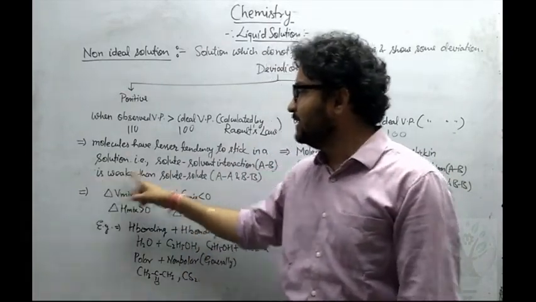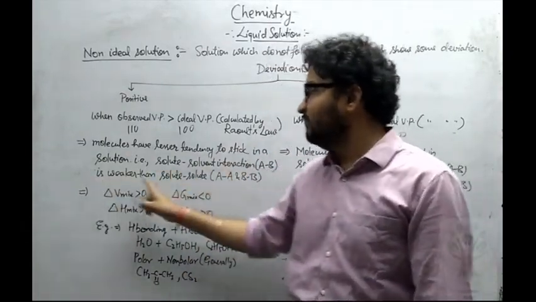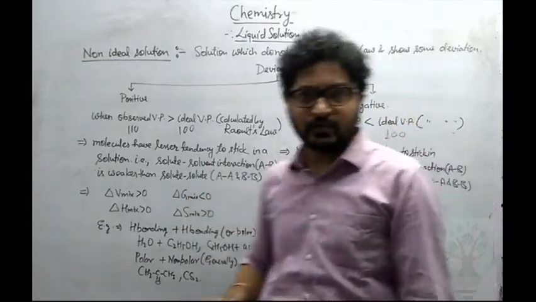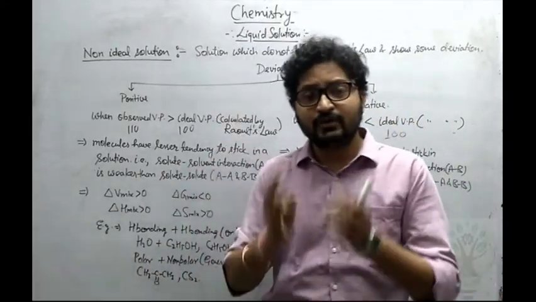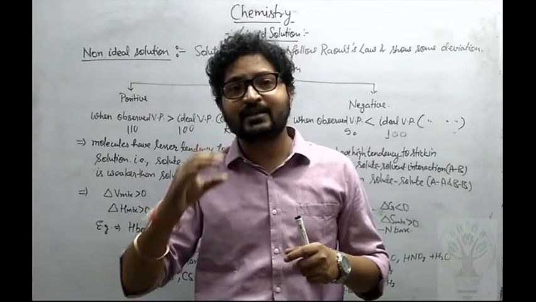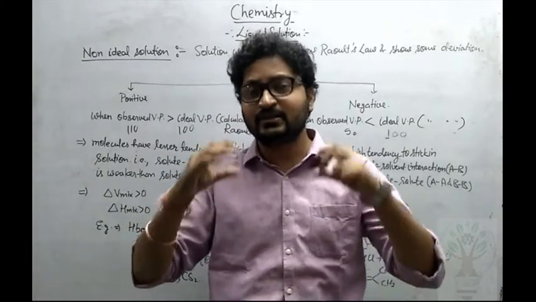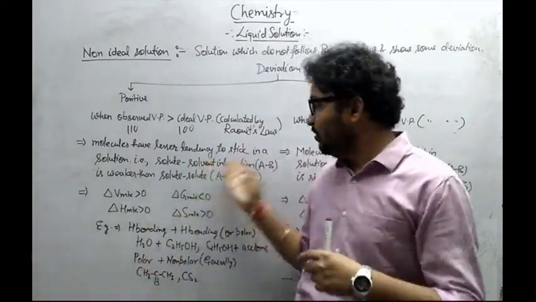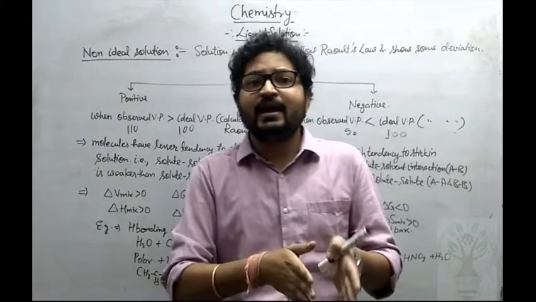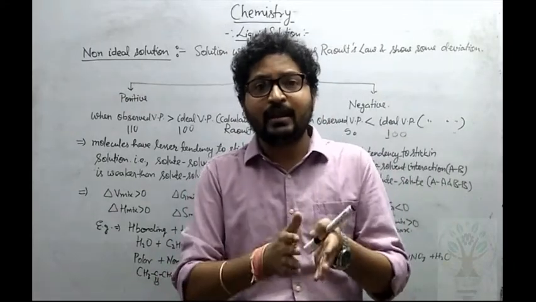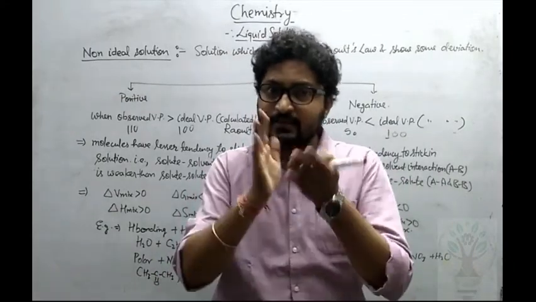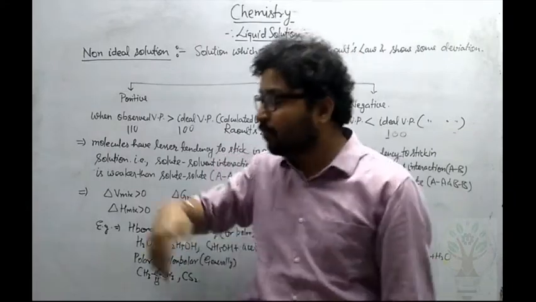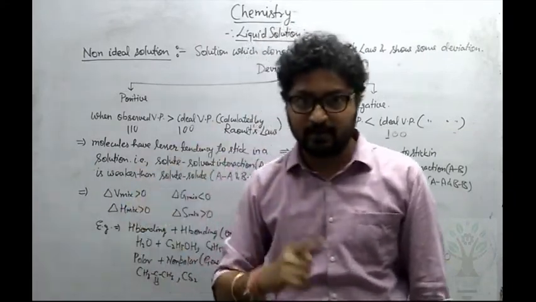That means AB interaction is weaker than solute-solute interaction. AA interaction is very strong and BB interaction is very strong as compared to AB interaction. That's why the solution formed is not existing in purely solution form, and mostly wants to convert to vapor.